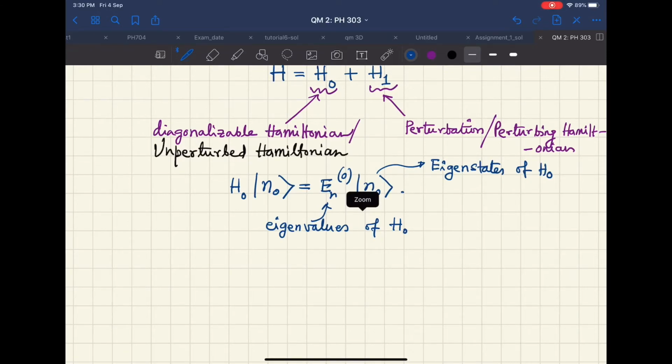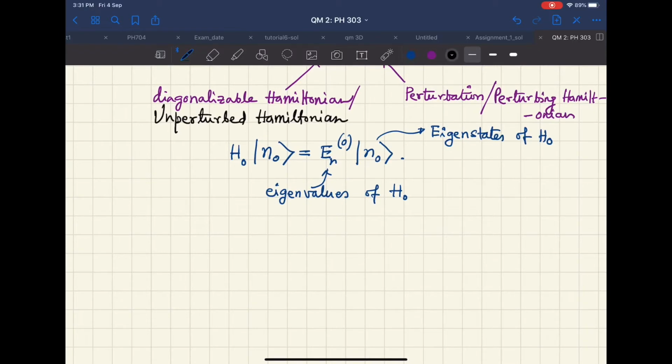There are no two states with the same value of the energy. So the degenerate case has to be discussed separately, but for the time being we assume that all states are discrete and non-degenerate. So from now on the assumption is that all states are discrete and all states are non-degenerate.